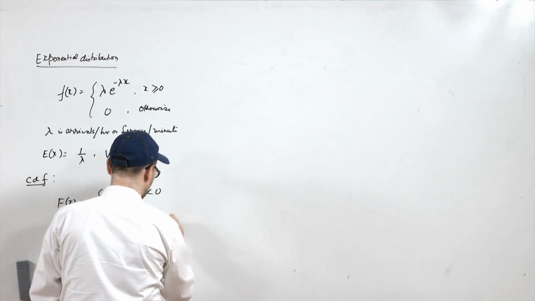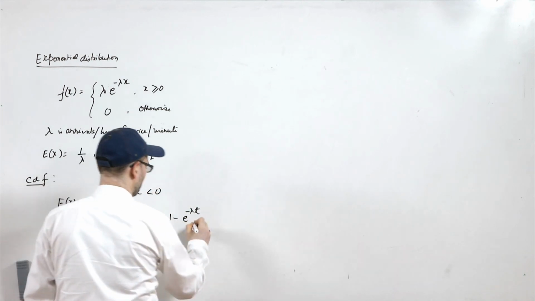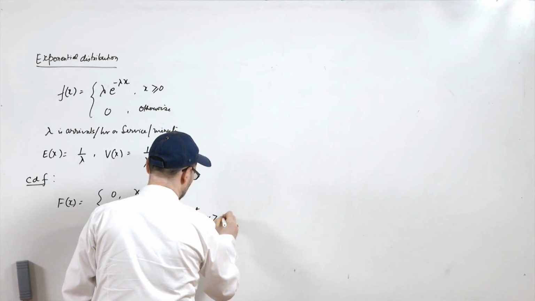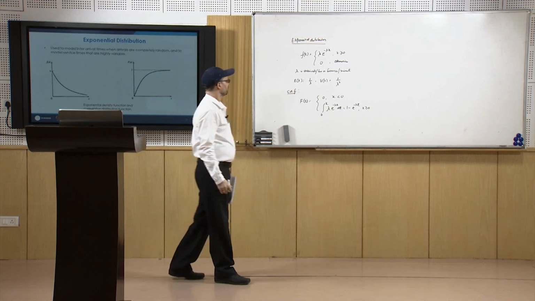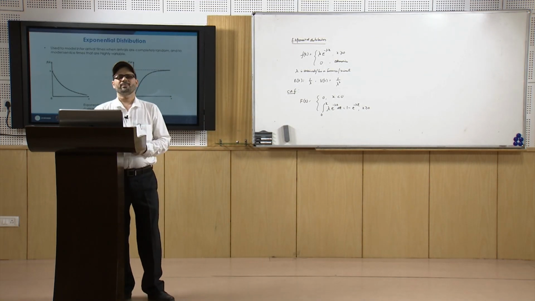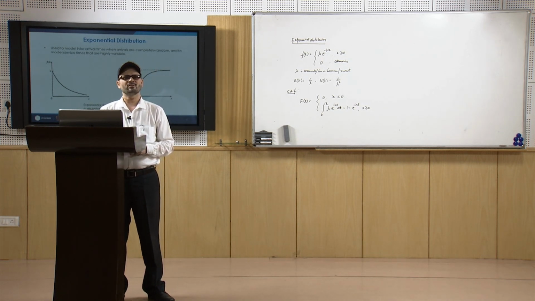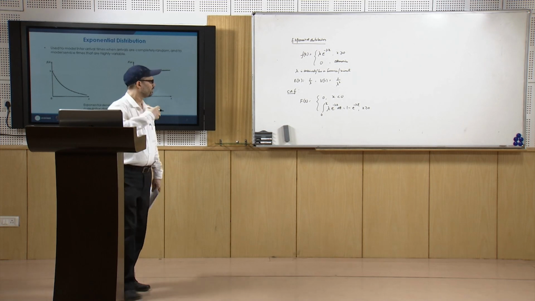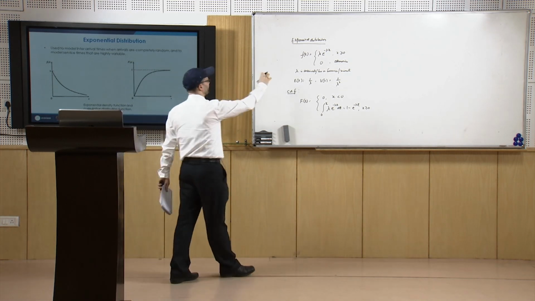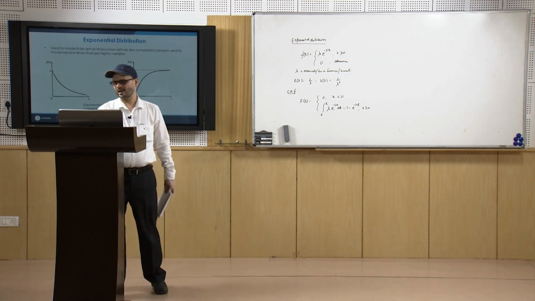So, that is 1 minus e raised to the power minus lambda x for x greater than or equal to 0. So, these are the PDF and the CDF for the exponential distribution function. We can solve problems for any particular value by using the cumulative distribution function expression.